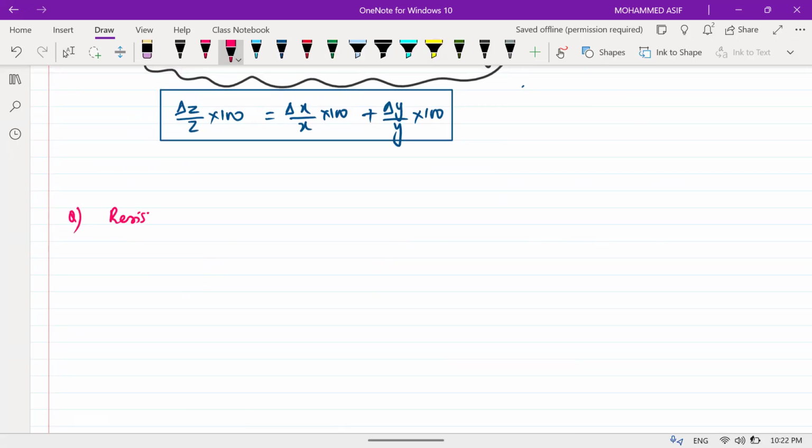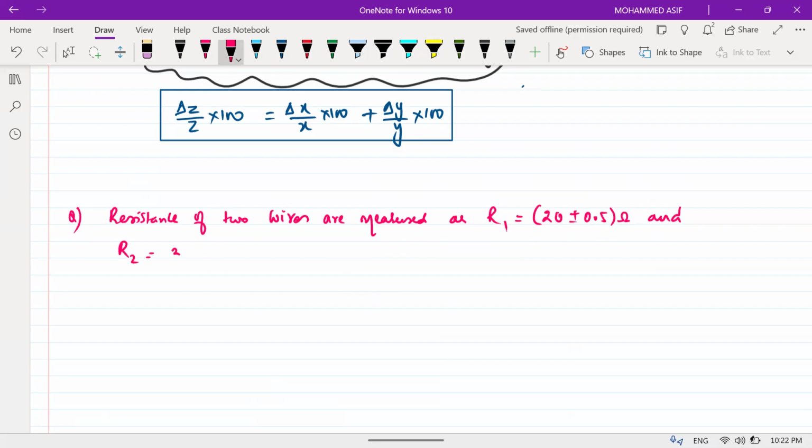Resistance of two wires. Resistance of your two wires are measured as, like say, R1 is equal to 20 plus or minus 0.5 ohms, and R2 is equal to 30 plus or minus 0.1 ohm.